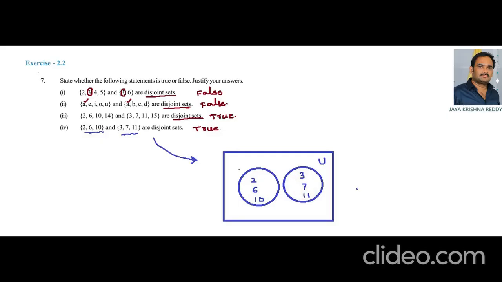So these two are the disjoint sets, so the Venn diagram should be like this. You should not join these two circles because they have no common elements. Whenever the sets have common elements, then only you have to combine the two circles. But here these are disjoint sets, so you should draw the circles separately.